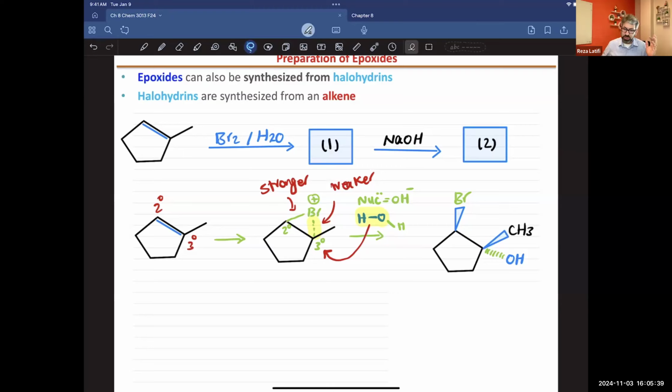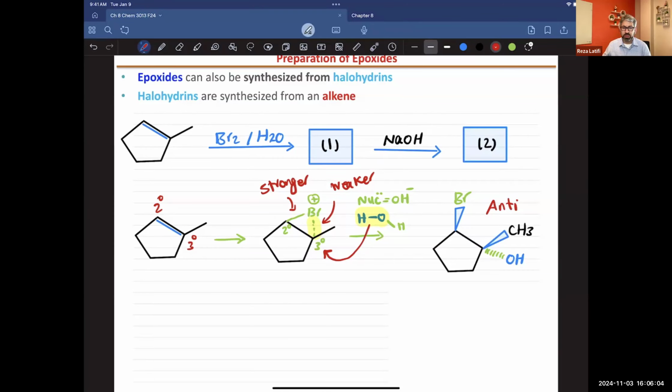And remember, the addition will happen from the opposite side, okay? Because this is technically going to be an SN2 reaction, and you can treat it as an SN2 reaction. And I'm talking about the second step. Okay, so what's the relationship between the bromide and OH? They will be in anti-position.